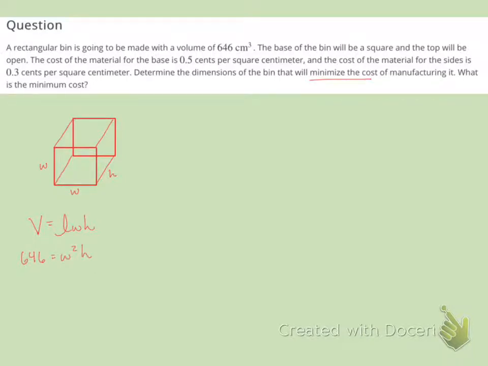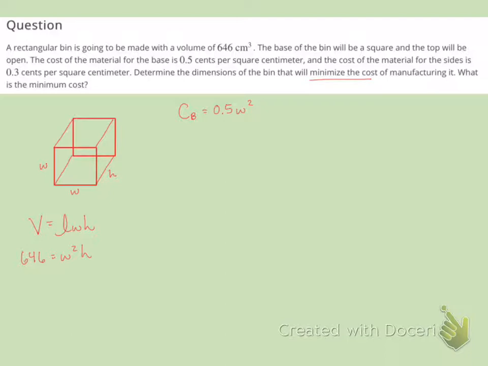But we are trying to minimize the cost. So we want to look at the cost of each piece of this bin. So we have the cost of the base. So the cost of the base is going to be 0.5 cents per square centimeter times this W squared.